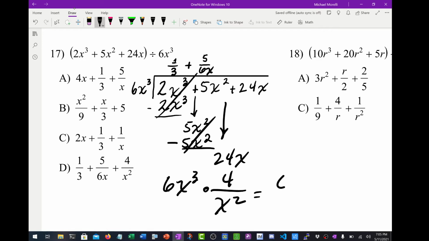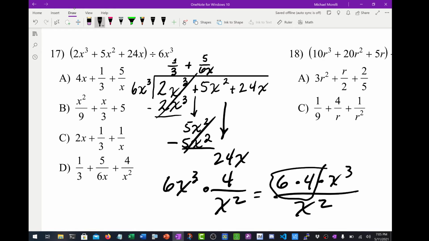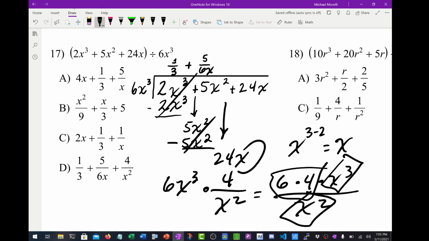That's going to give me 6 times 4 times x to the third power over x squared. 6 times 4 is 24, which is what we want. And then x to the third power over x to the second power is going to be x to the 3 minus 2 power, which equals x, which is what we wanted.